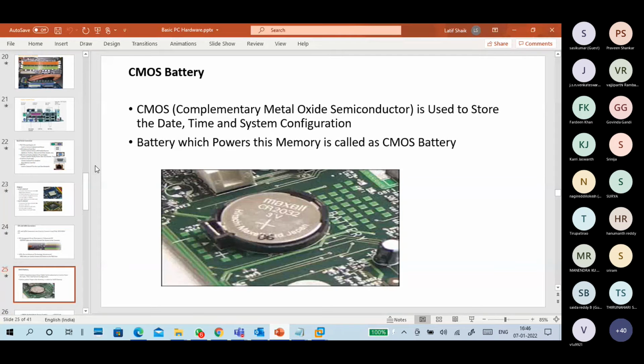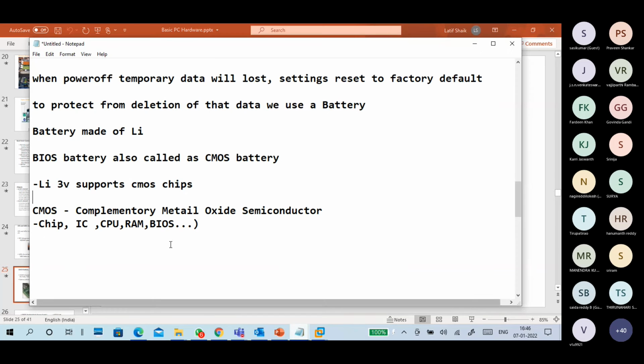So when the CMOS battery comes up, what is CMOS? Complementary metal oxide semiconductor. A lot of people think it stores the data or that it is a battery technology. No, it is a lithium battery which gives a power supply to your BIOS chip.